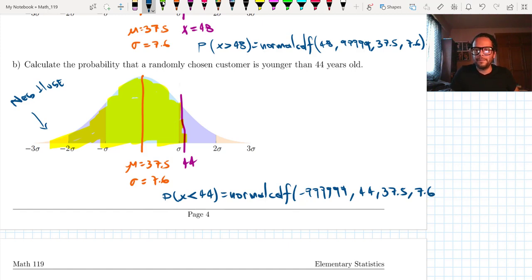Okay, so if we're using the graphing calculator, you should get 0.8038, which is basically 80%. If you change this to percent and look at the portion of the graph that is being shaded and represented, it looks like 80% of it.